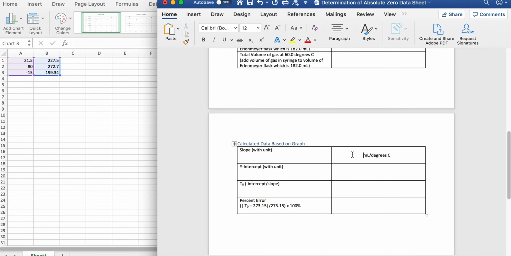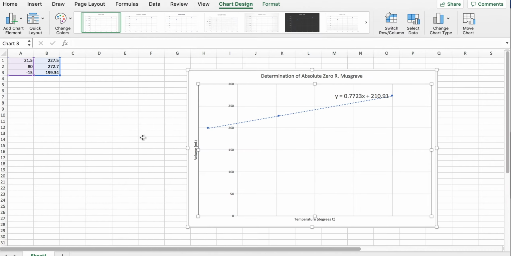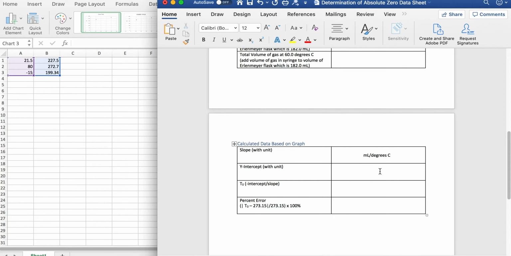That's what you'll put into the y-intercept. The unit on the y-intercept is going to be the same as the unit on the y-axis, which is milliliters. So you'll have whatever number goes in here, and then the unit will be milliliters.